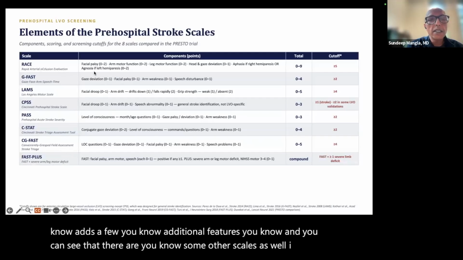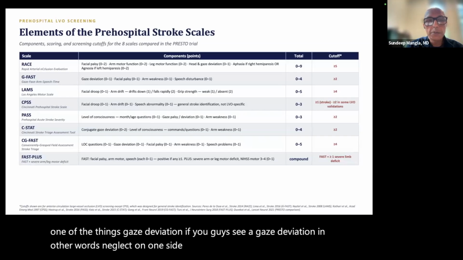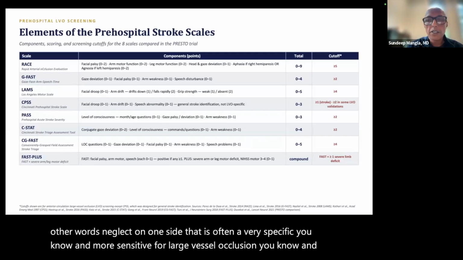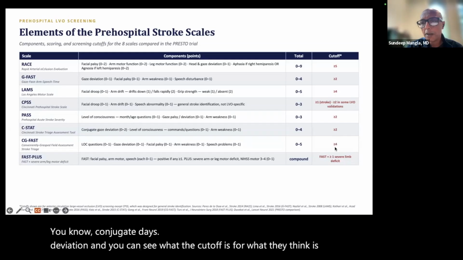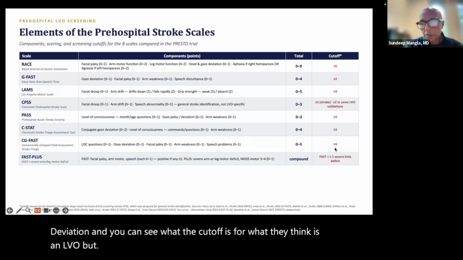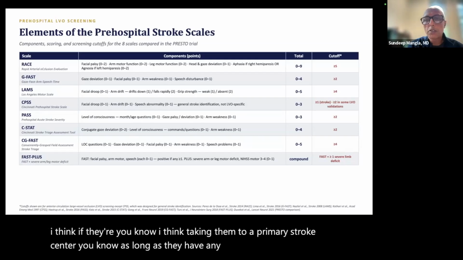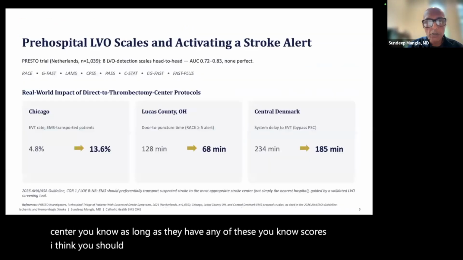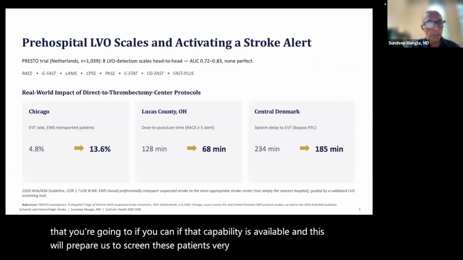If you see a gaze deviation, in other words, neglect on one side, that is often very specific and more sensitive for large vessel occlusion, and so conjugate gaze deviation, and you can see what the cutoff is for what they think is an LVO. But as long as they have any of these scores, I think taking them to a primary stroke center, you should definitely give a pre-stroke alert to the hospital that you're going to, if that capability is available. This will prepare us to screen these patients very rapidly once they get to the hospital.